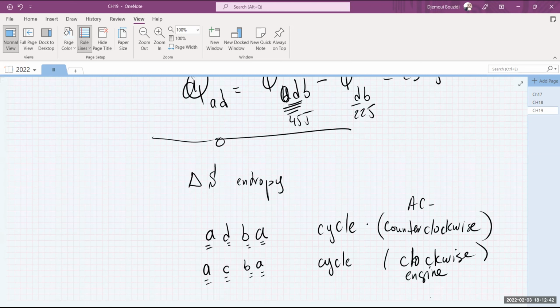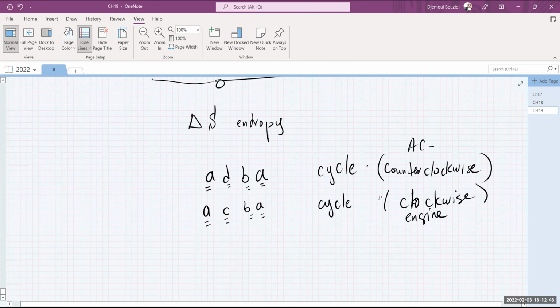Another extension of this problem, because of these patterns, if I am interested in any of these cycles, I'm going to be asking questions that relate to how well this either AC unit does or how well this engine does. In here, I will be interested in the efficiency. How efficient is this engine, okay?